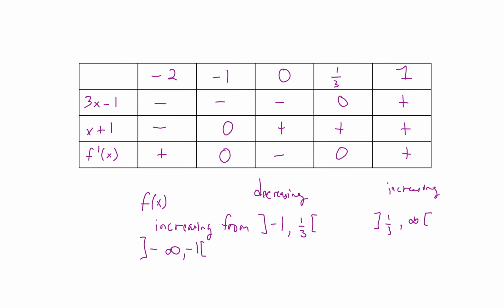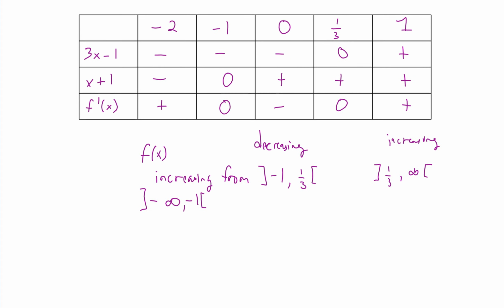Okay, now we want to know our critical points. So is it a local maximum or minimum? So here we have something that goes from, at x equals -1, positive to negative. So that means we have something that's increasing and then decreasing. So at x is equal to -1, local max.